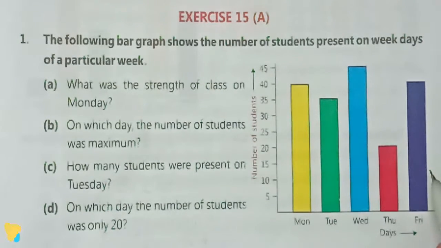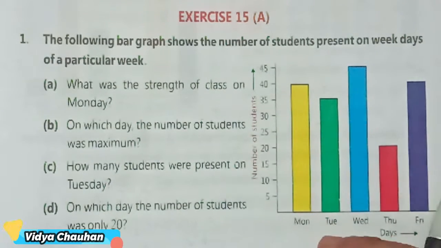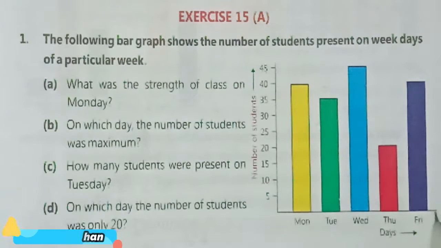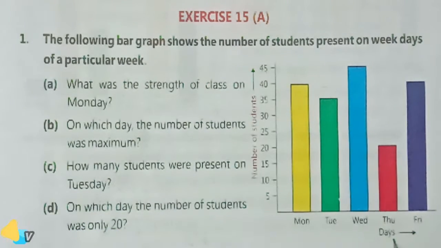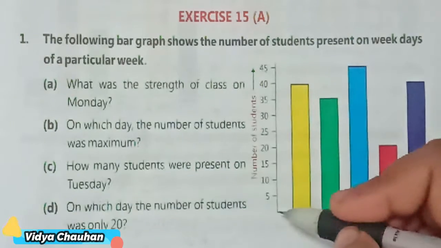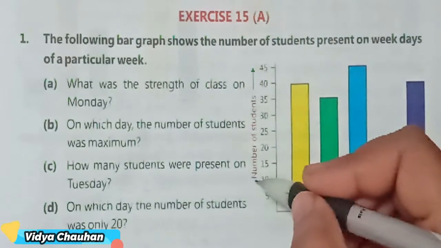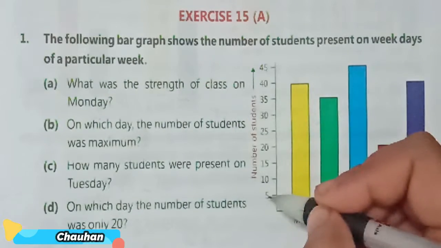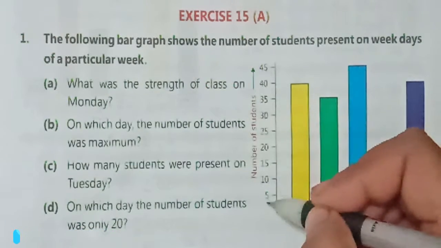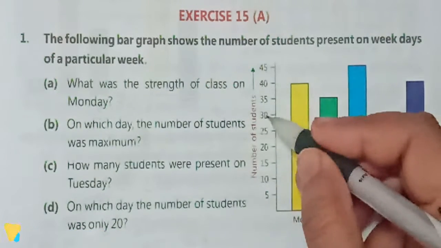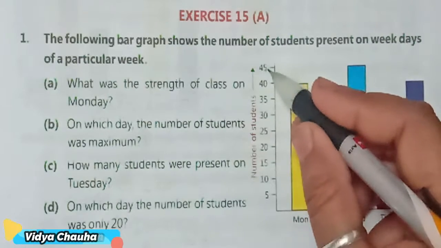Here on this graph, you can see that the x-axis shows Monday, Tuesday, Wednesday, Thursday, Friday. These are the days. Whereas on the vertical side, that means the y-axis, it is showing the number of students, with a gap of 5. So 5, 10, 15, 20, 25, 30, 35, 40 and 45.